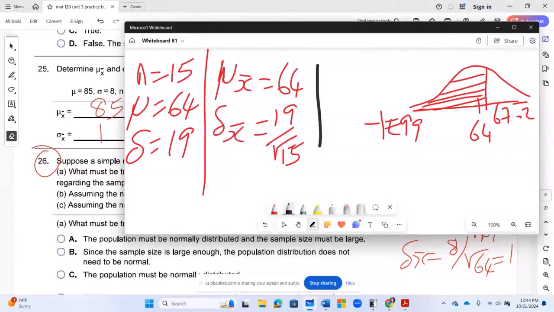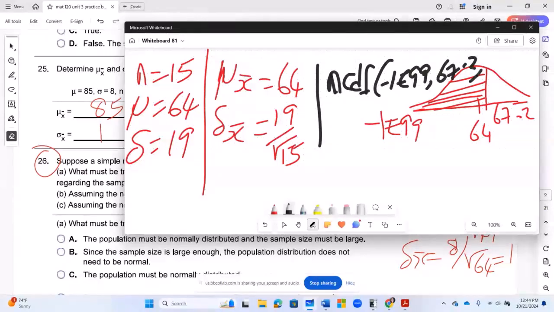So I'm going to write the argument normal CDF, starting from the lower bound, which is negative infinity, 1e to the power of 99, and to the upper bound, which is 67.2.